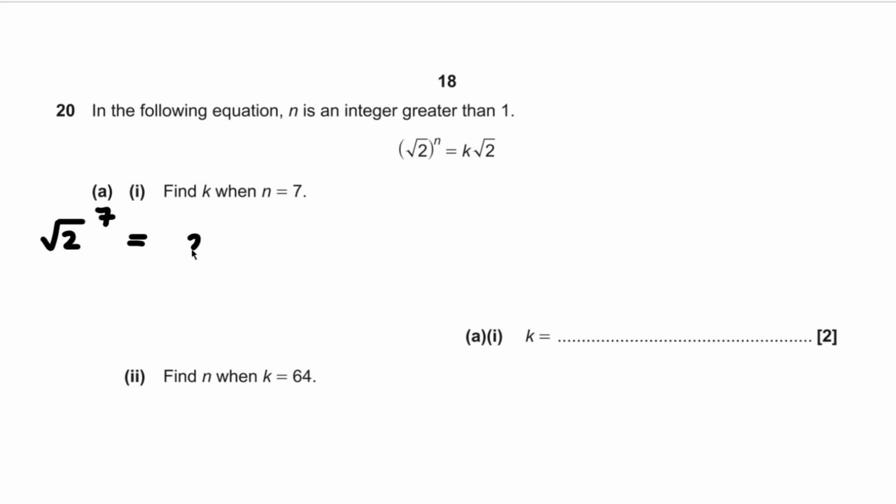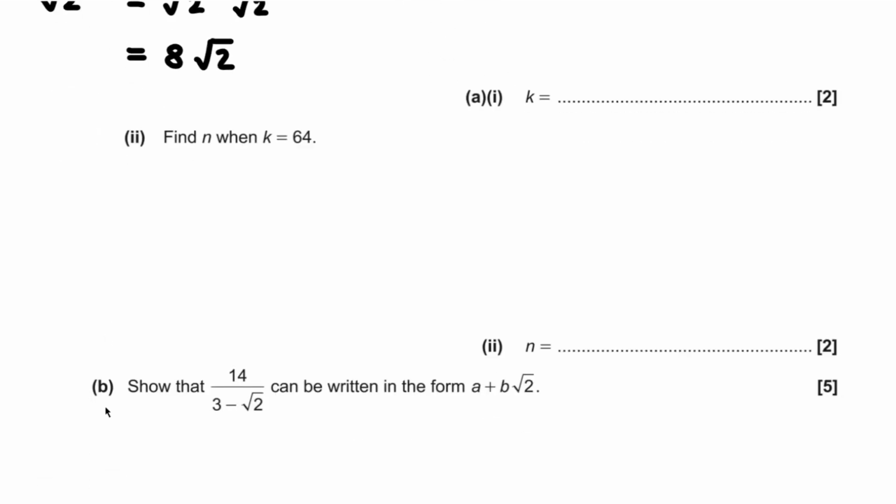And what this is the same as is square root 2 to the power of 6 multiplied by square root 2 to the power of 1. Square root 2 to the power of 6, that's 2 times 2 times 2, which is 8. So we have 8 multiplied by square root 2.